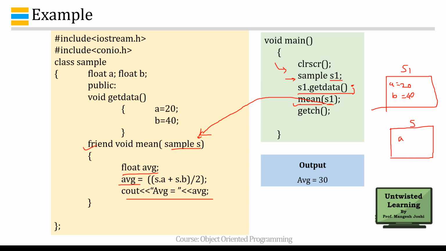Now a is equal to 20 in the s object and b is equal to 40. Float average: to calculate the average, since a and b are inside this s object, we have to use s.a plus s.b. You know that to access the elements of an object you need to use the dot operator. So that's why s.a plus s.b divided by 2. This will give you the average, and in the output you will get average is equal to 30.